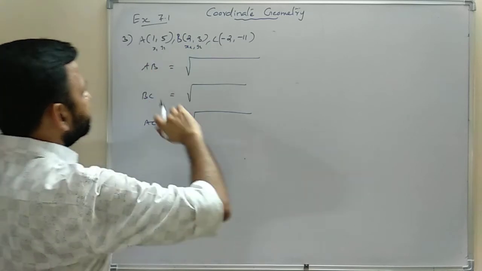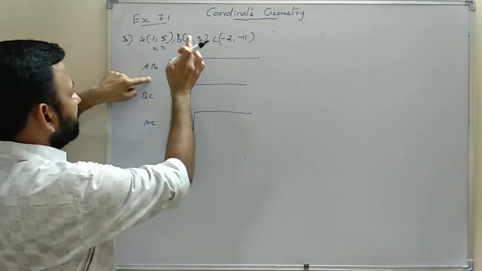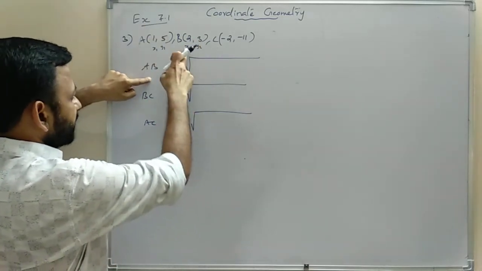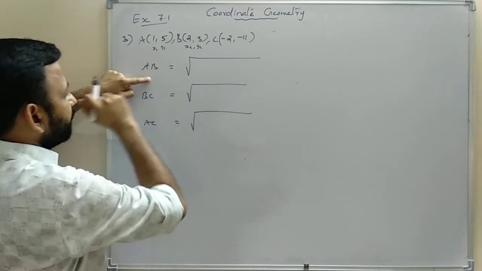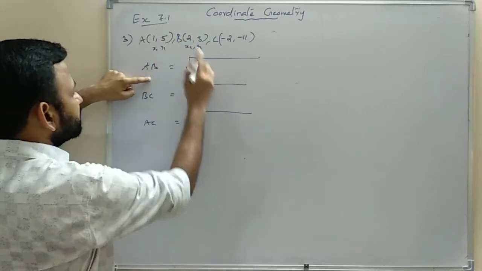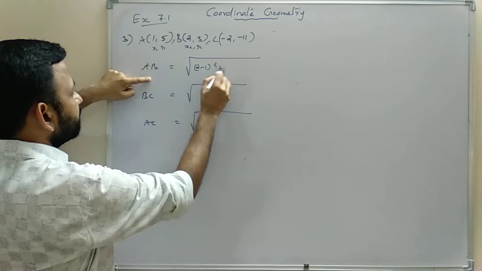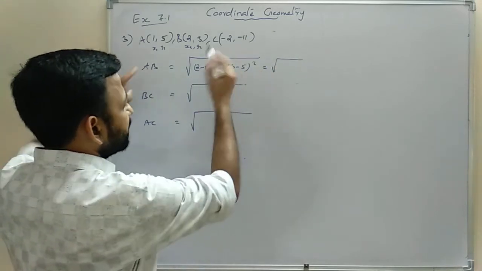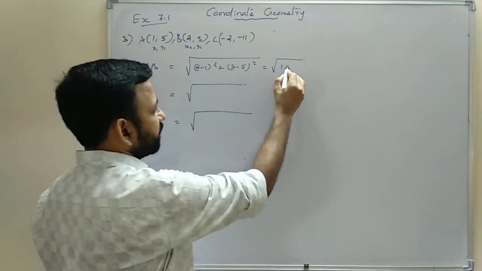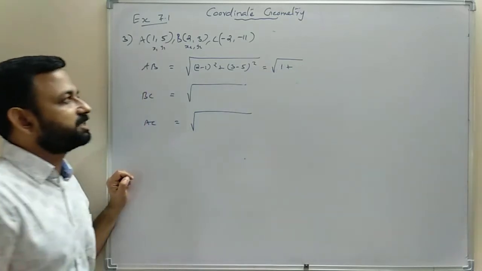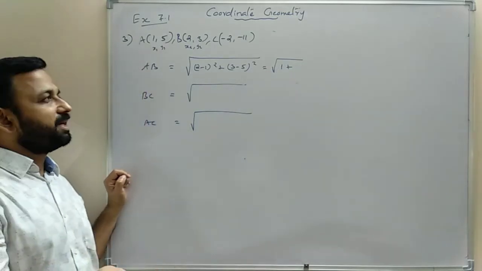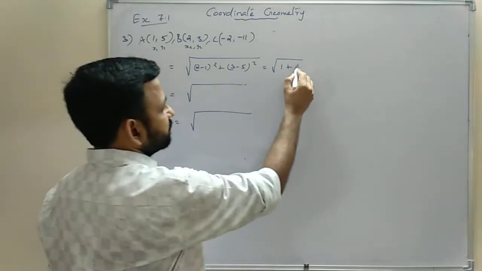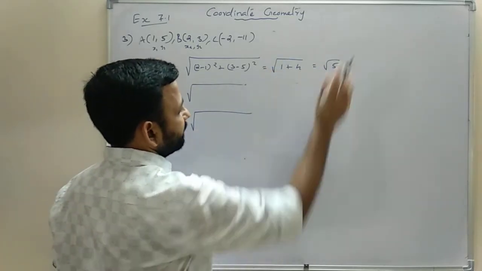AB is equal to the square root of (x2 minus x1) whole square plus (y2 minus y1) whole square. That is the square root of (2 minus 1) square plus (3 minus 5) square. 2 minus 1 is 1, 1 square is 1, plus 3 minus 5 is minus 2, minus 2 square is 4. So we get the square root of 5.